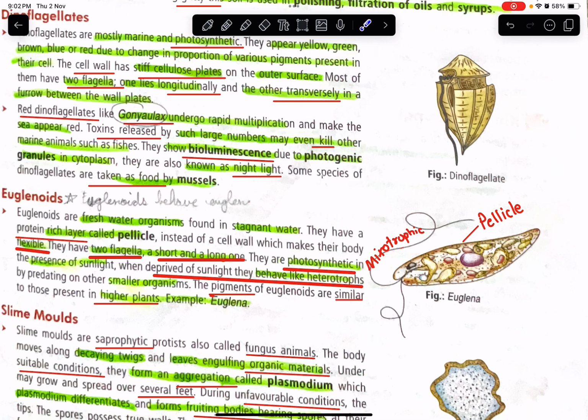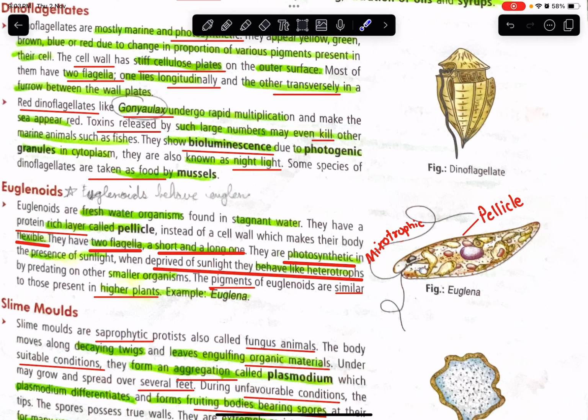And they again have two flagella, like two flagella was present in dinoflagellates. Here also they have two flagella. One of the flagella is short and the other one is long. Here you can see this is short flagella and this is long flagella.